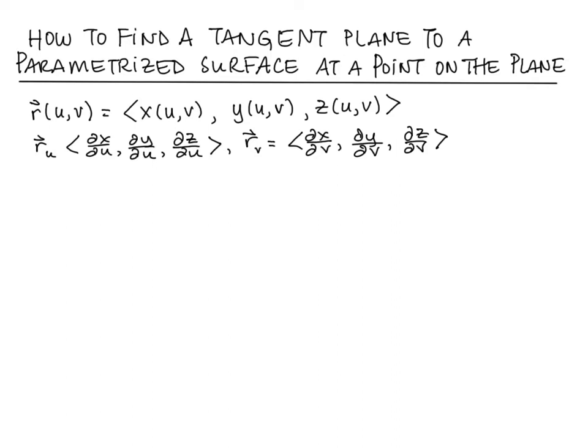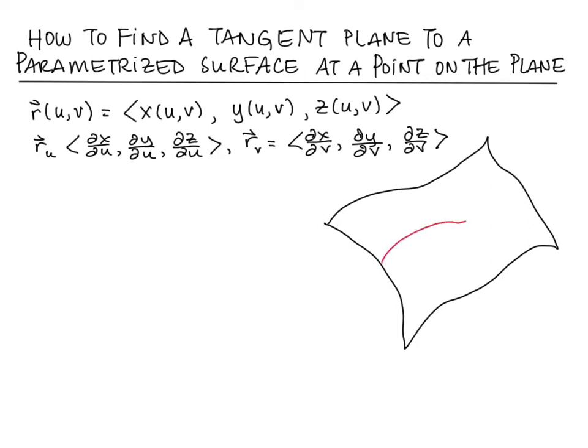So here's our surface. This is a surface in 3D space. Let's say this is U, and we'll have this be V, and then we have this point here. This is our point uv.